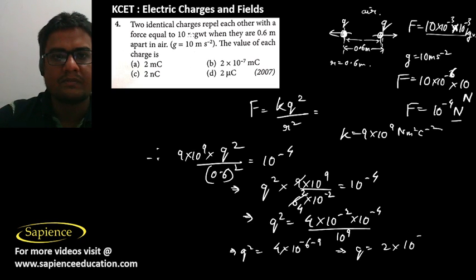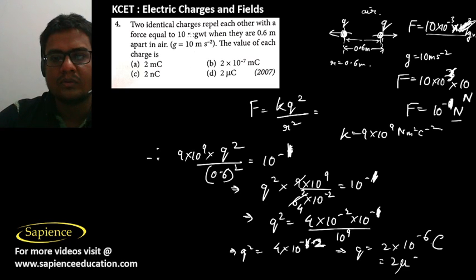Actually this should be gram weight. So this will be then 10 power minus 3 into 10, so this will be then 10 power minus 1 Newton. So minus 3 minus 9, this is 10 power minus 12. Then q will be 2 into 10 power minus 6 coulomb. So this will be 2 microcoulomb.